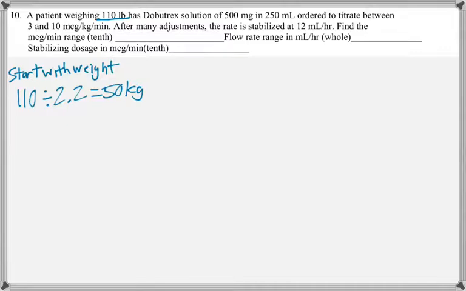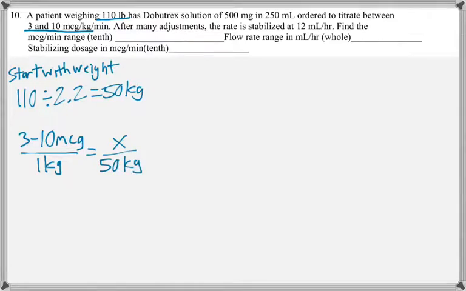So now I want to set up the 50 kilograms in a proportion with the 3 to 10 micrograms per kilogram. So I'm matching the kilograms. So I want to take 50 times 3 and then 50 times 10.